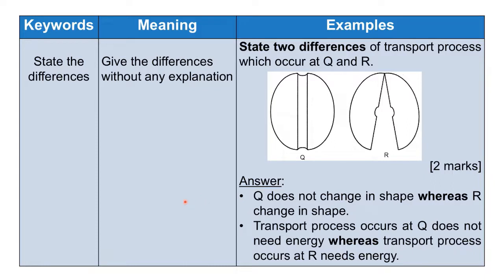When you state the differences between the processes occurring at Q and R, you must compare the differences from the same aspects. We look at sample answer number 1. It is the comparison from the aspect of change in shape between these two types of transport proteins.